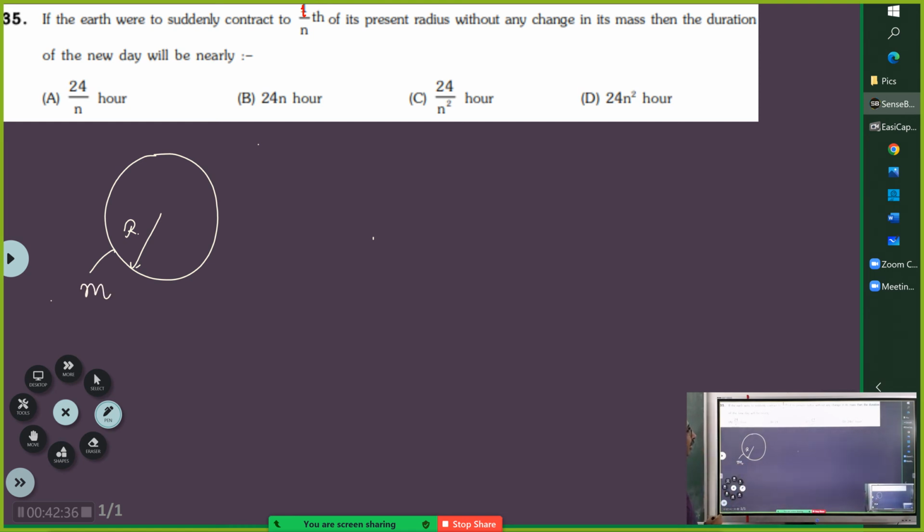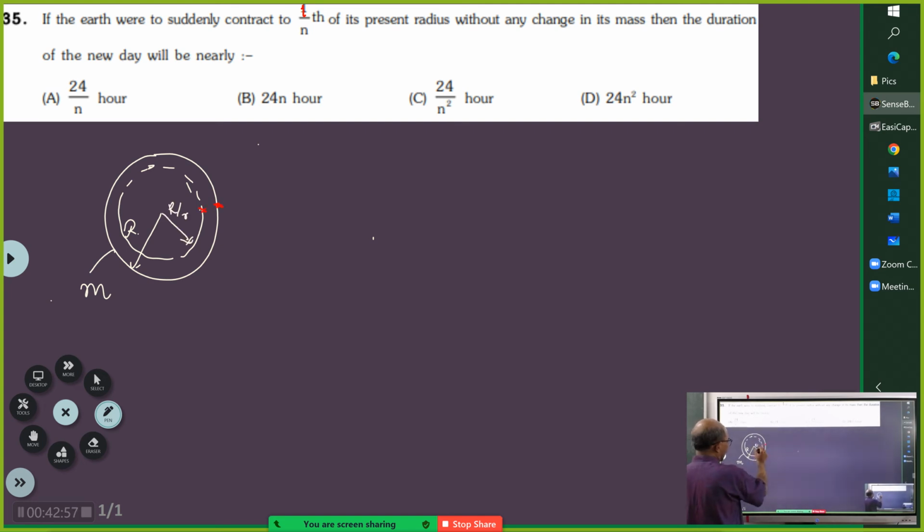Then the new day will be... So now our new Earth is going to shrink. If you take any point here now, the same point will come here, but this will be the new radius.